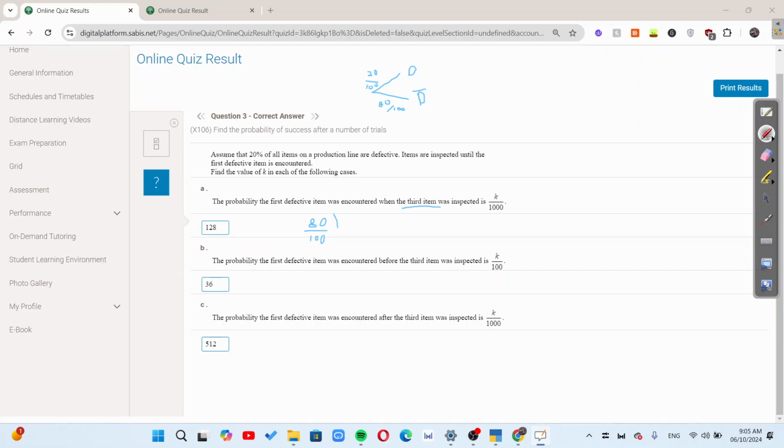And then you square it by the item. Like if it's the third item, you do 3 minus 1, and that's your power. If it was the fourth item, you do 4 minus 1, and 3 would be your power. So that's what you do when you see this. So 80 over 100 times the third one being defective, which is 20 over 100.